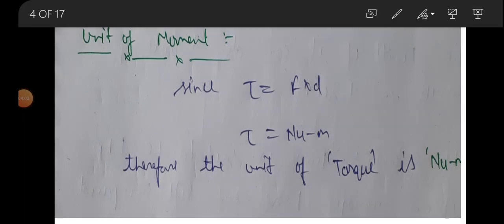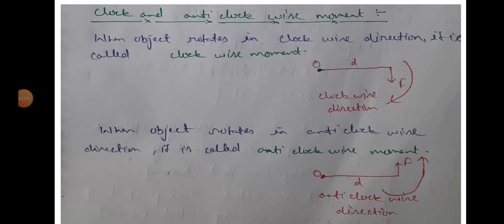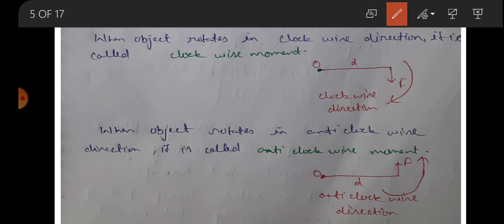Now, moving ahead to the next topic, we'll talk about the types of moment. It can be clockwise and anti-clockwise. When an object rotates in the clockwise direction, it is called clockwise moment.